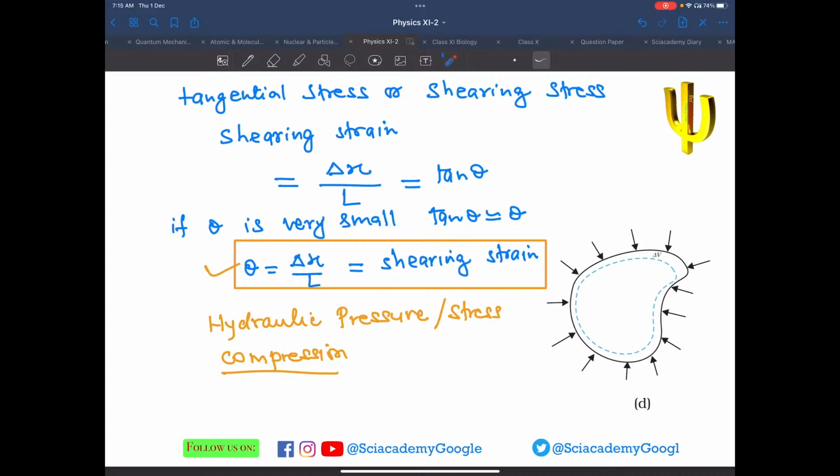But as the inherent properties of the body develop internal restoring forces that are equal and opposite to the forces applied by the fluid, the body restores its original shape and size when taken out from the liquid. The internal restoring forces per unit area in this case is known as the hydraulic stress.